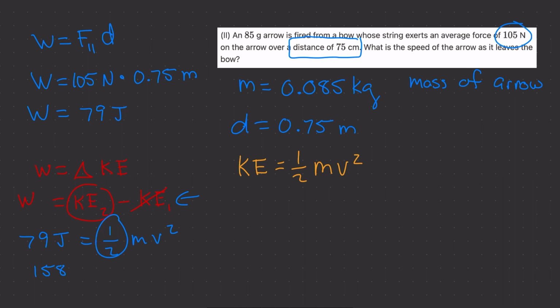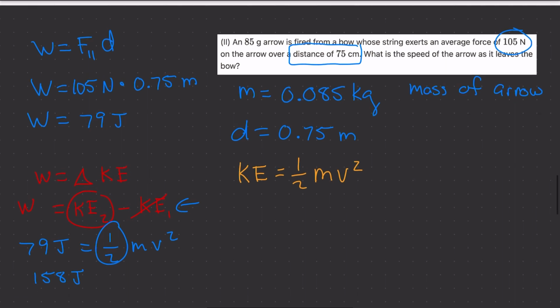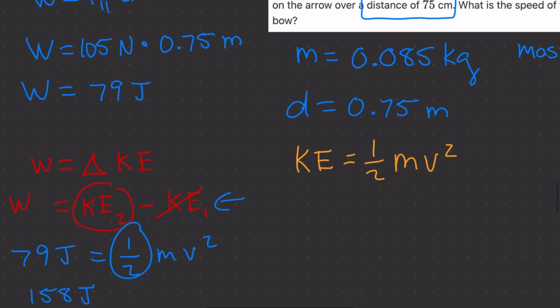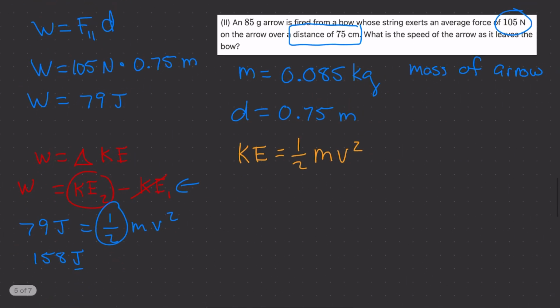And this is the reason why I multiplied both sides by 2. I want to get rid of that 1/2. So 158 joules, dividing both sides by mass, and then taking the square root is going to give us v isolated. We had to take the square root after dividing mass out because we have v squared, and we don't want v squared, we just want v. So now we have what we need over here on the left side.